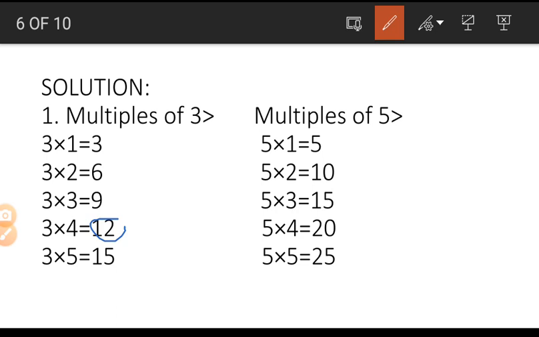So these are the first 5 multiples of 3: 3, 6, 9, 12, and 15.